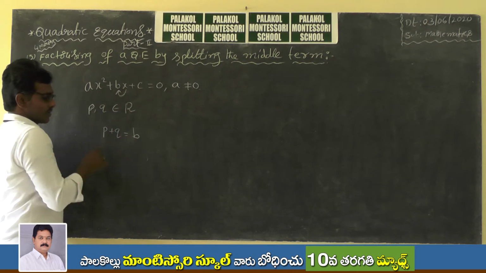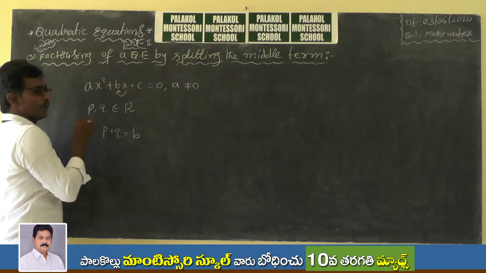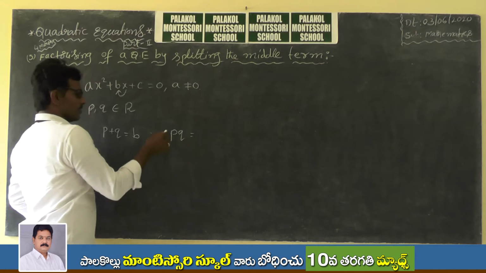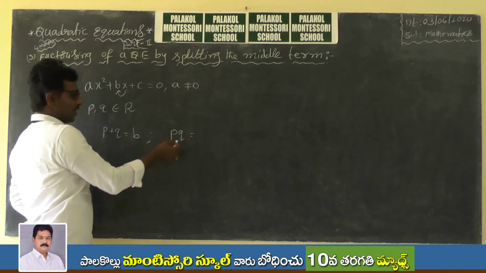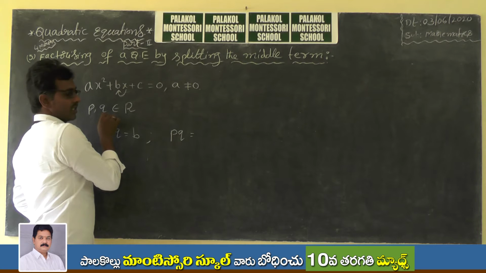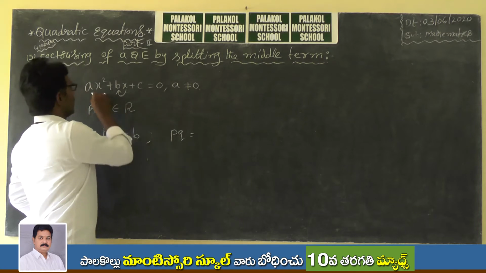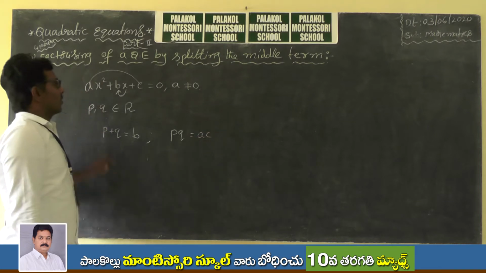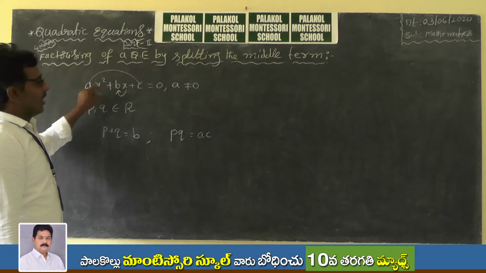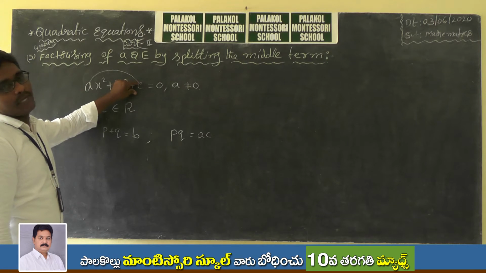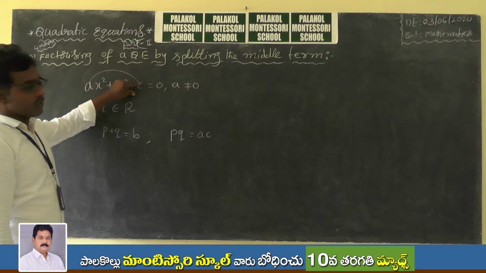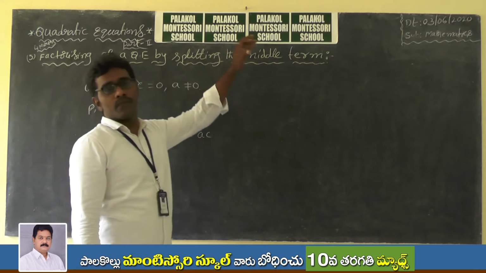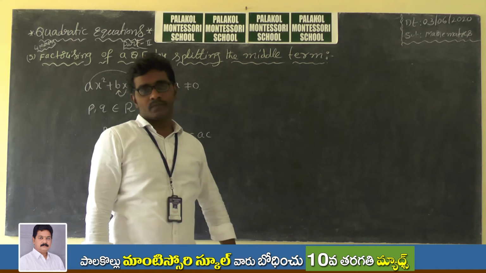That is b. So p plus q is equal to b. And p and q, that means the product of the 2 terms, is equal to a into c, that means the coefficient of x square multiplied by the constant term. So this method is called splitting the middle term of a quadratic equation.